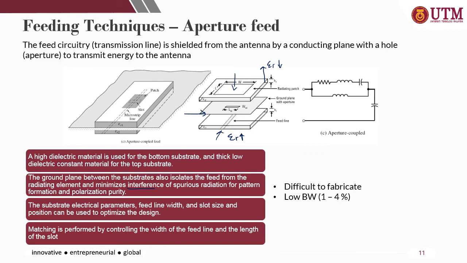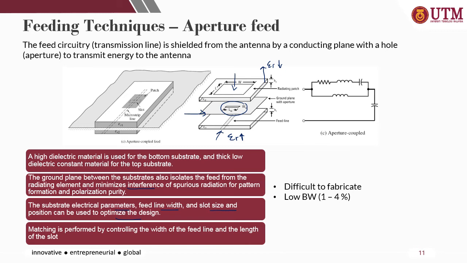And this is better to control the pattern and also polarization of the antenna. The substrate electrical parameters, the property of the substrate, the feed line width, and slot size and position can be used to optimize the design. So the width and length of the slot, the substrate dielectric constant, and the feed line width can be used to control the characteristic or the property of the antenna radiation.